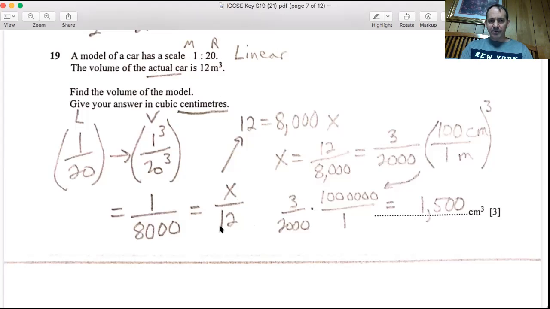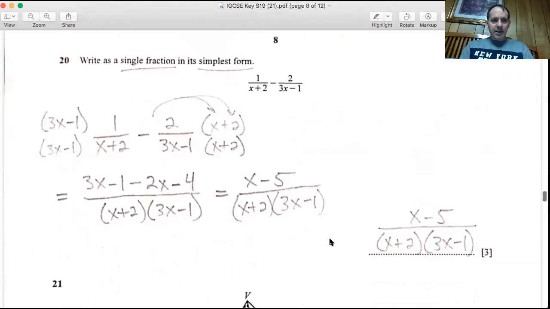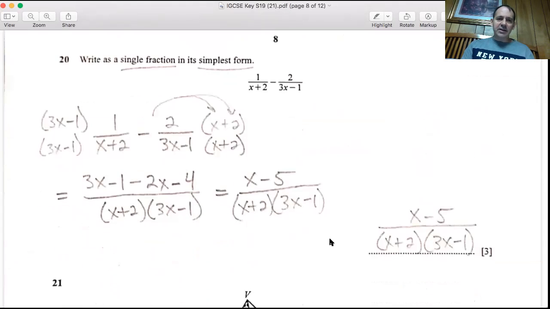We had the volume of the actual. Then once you had that, then you had to convert your units from cubic meters to cubic centimeters. Again, just pay attention to your units. This was cubic meters, so you want meters on the bottom, centimeters on top, so that you end up with cubic centimeters.